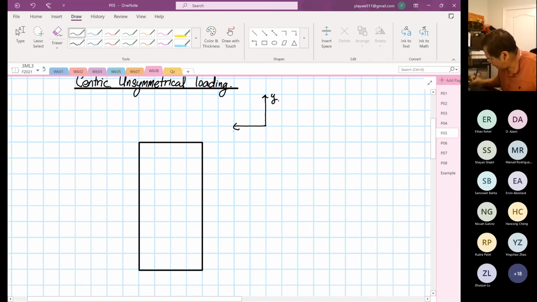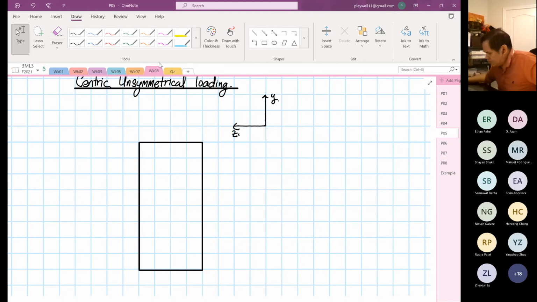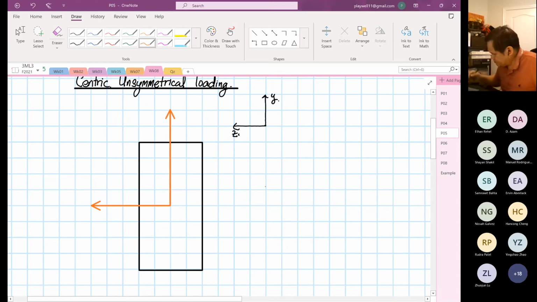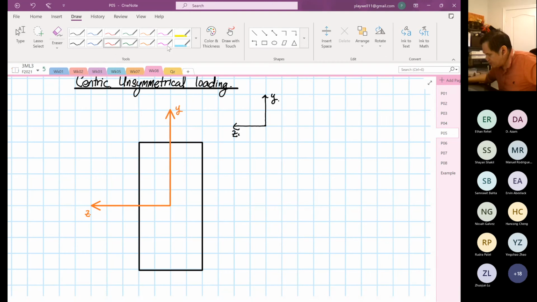This is our Y. This is our Z. And then I'm going to draw the position of our centroid. So this is my Y. This is my Z. Now the moment is going to be applied this way.